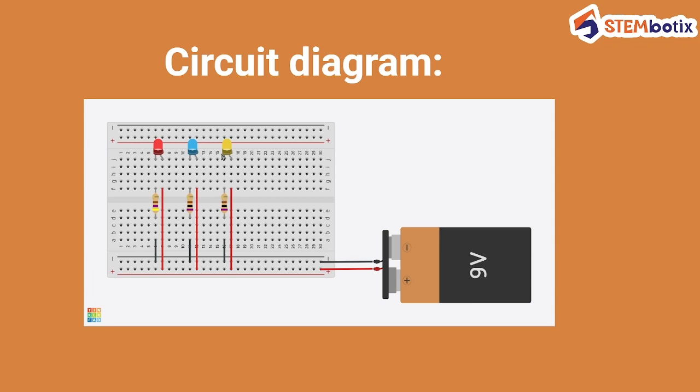For example, your LED, fan and TV are connected in parallel. These are the different loads you can assume in your home. Just assume that this is your LED, this is your fan and this is your AC. If there is any fault in the LED, it would never interrupt the current through the others.